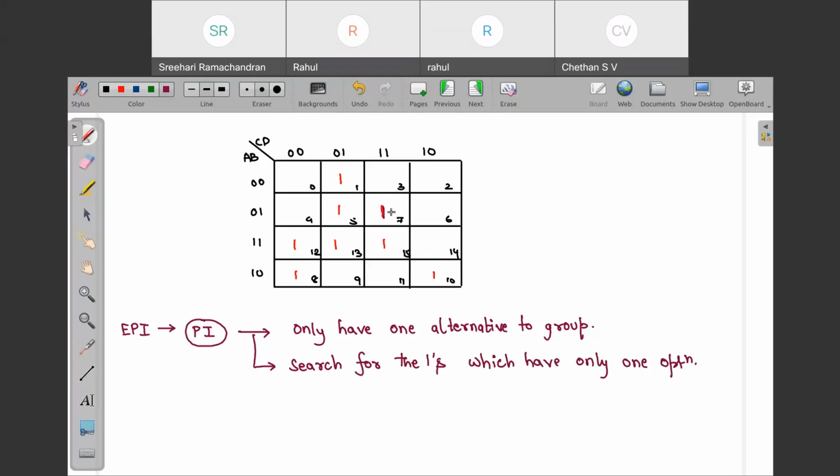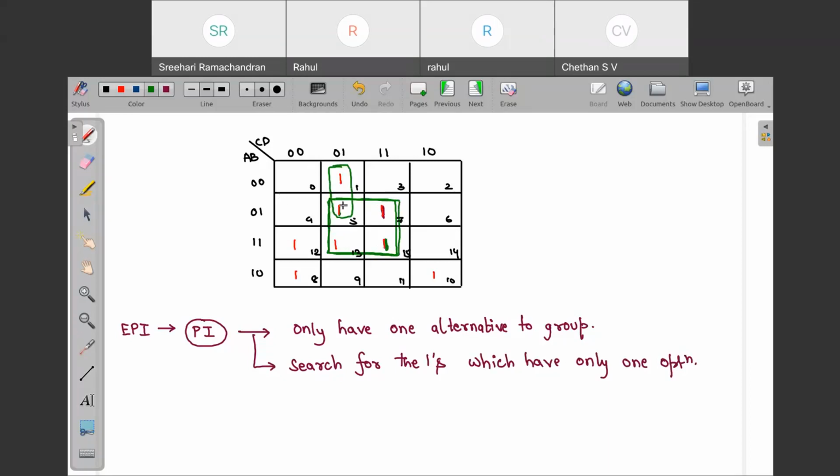This one has only one option for grouping, that is to make a group of 4 with this other remaining one. Even this one has only one option to make a group of 4 with this remaining one. But look at this one. It has two options. Either it can go with this group of 4, or it can go with this group.